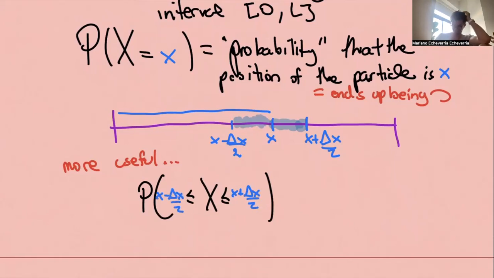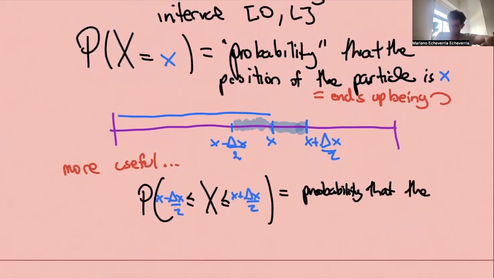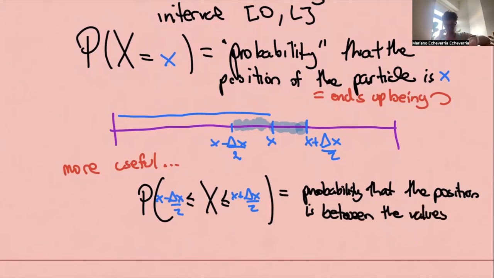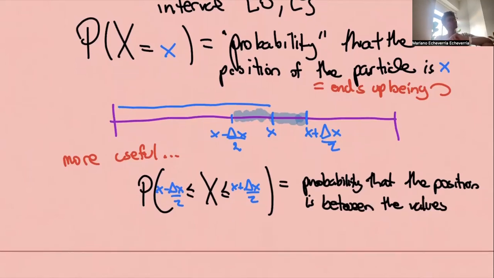So it is the probability that the position is between the values. Is that making sense?